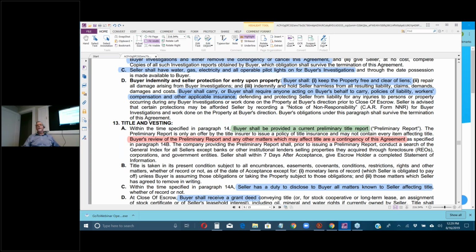Right. But that would be something to look at when you get the prelim. And the title companies do classes on how to read a prelim, right? You ought to go to one. It wouldn't be a bad idea because this is a contingency of the agreement. I've had transactions where there was on the deed reference to an easement, right?